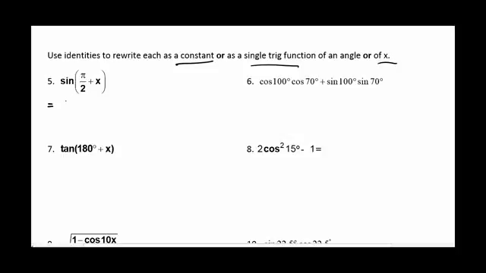So sum of sine says sine of pi halves times cosine of x plus cosine of pi halves times sine of x.